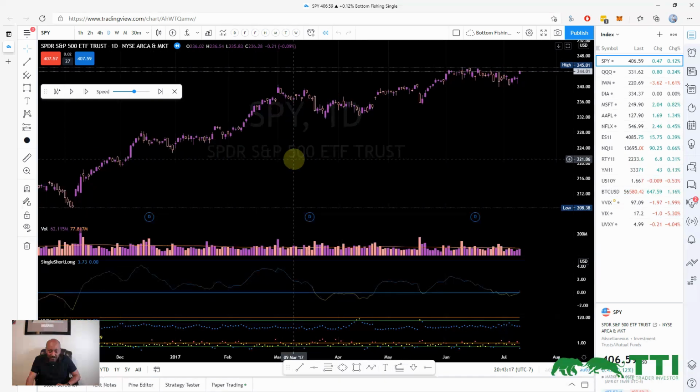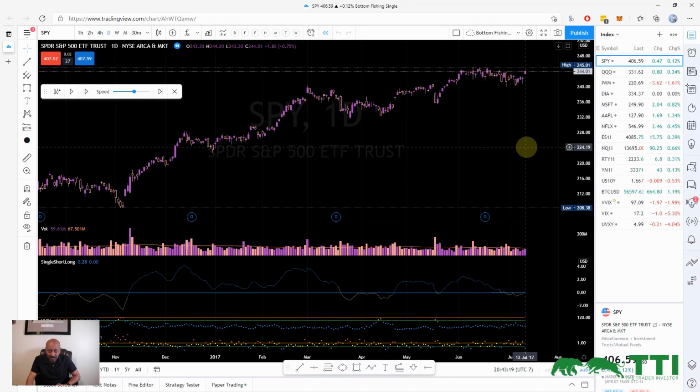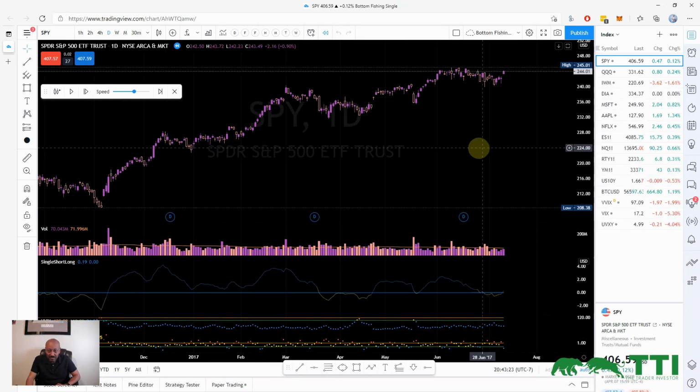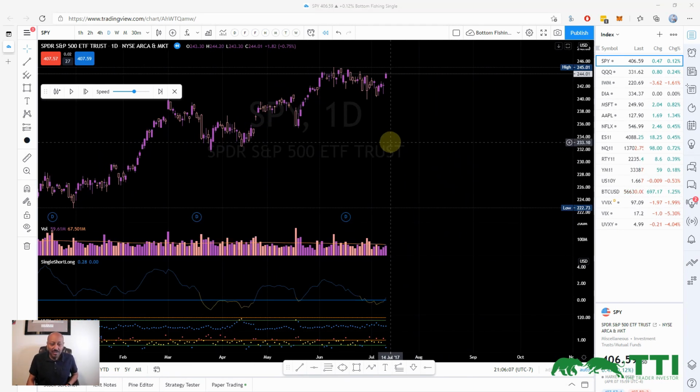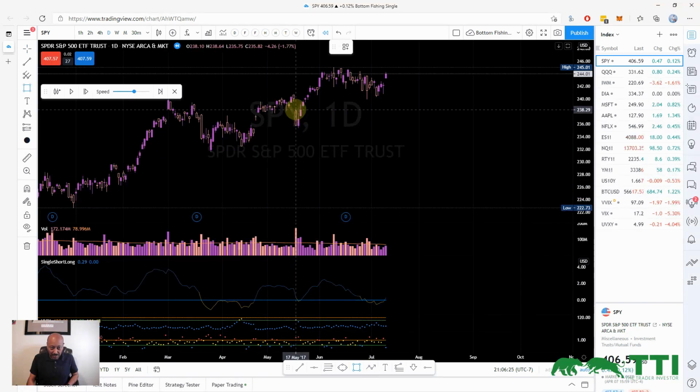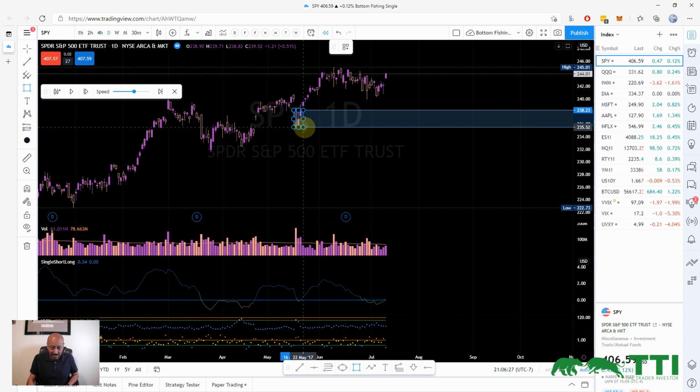Okay, so on July 12, 17. So I want to start to look at this and see where price is starting to give us some order blocks, right? Because here, July 12th, as I mentioned, the last significant down move that I see before price broke the highs.